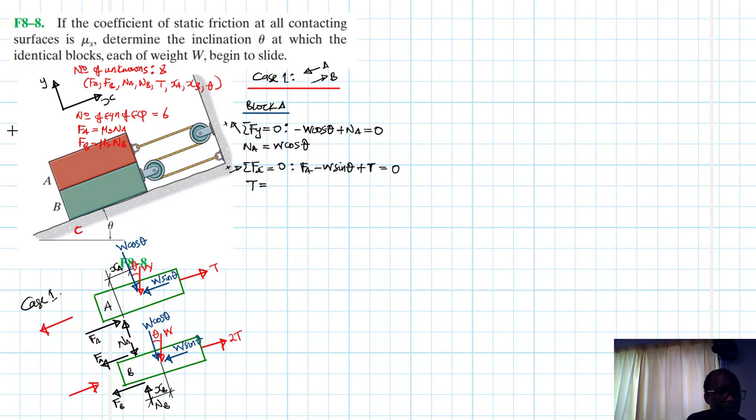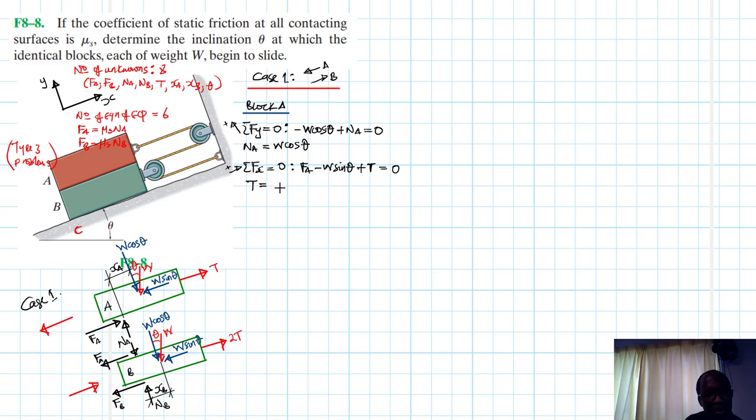So this is type 3 problem. Okay, we are assuming all points are moving.